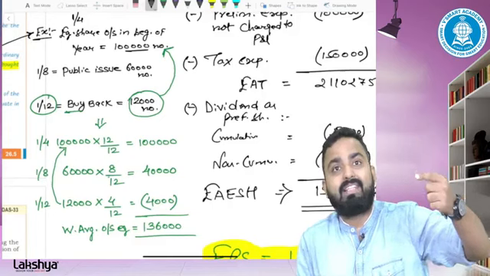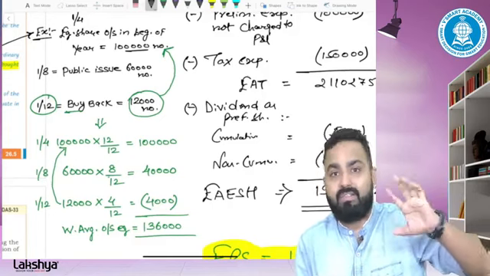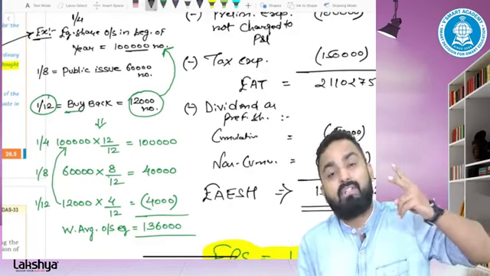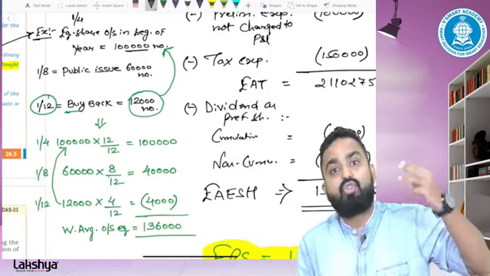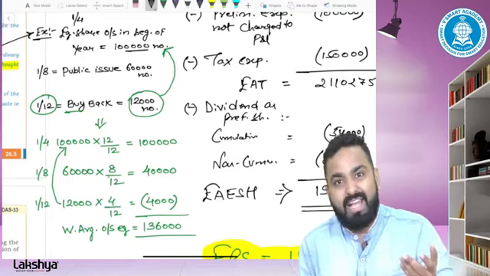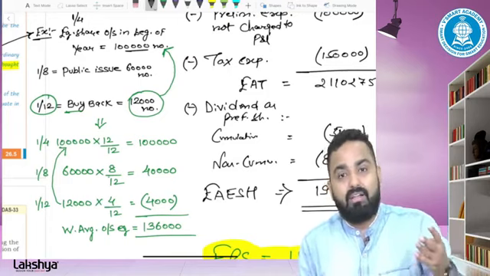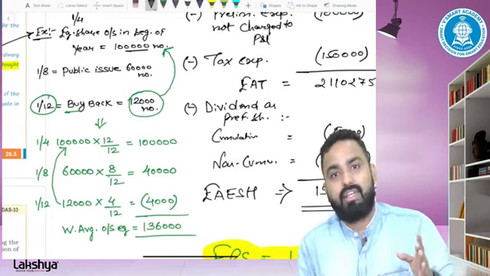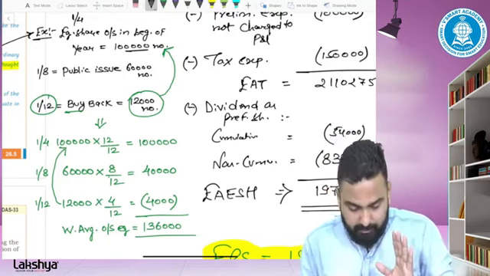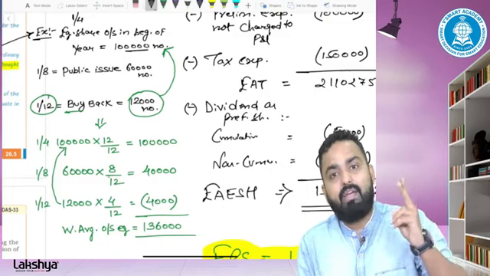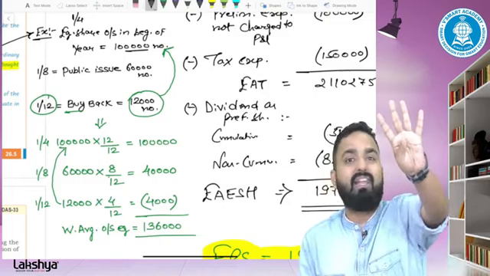So we can say that in the month of April there were 1 lakh shares. In May 1 lakh shares, in June 1 lakh shares, in July 1 lakh shares. Guys, understood or not? April, May, June, July, there were 1 lakh shares.